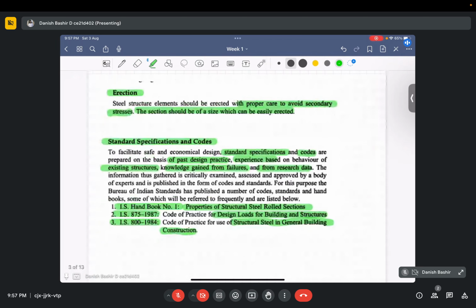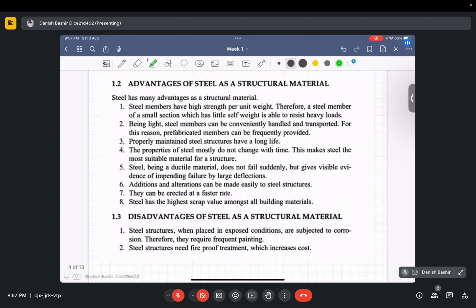Now, since we are moving from reinforced concrete structures to steel structures, there should be some advantage why we are considering these steel members or steel structures. That's why we are opting for these. So, structural steel has many advantages as a structural material.